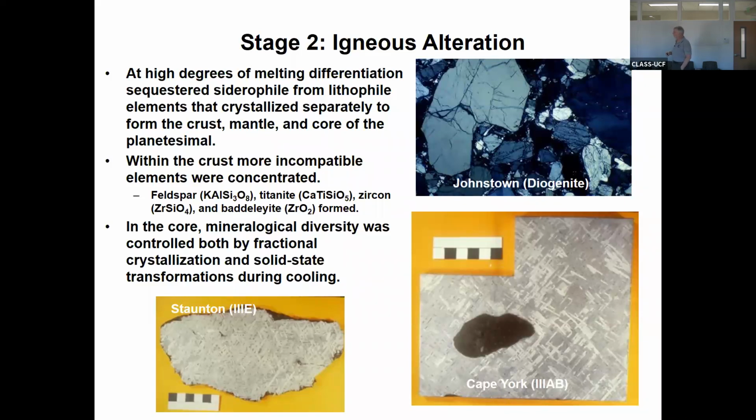At the core, the mineralogical diversity is driven by fractional crystallization and solid state transformations during cooling. And so you get a lot of things. This is what drives this rather gorgeous pattern in iron meteorites, the Widmanstätten pattern.